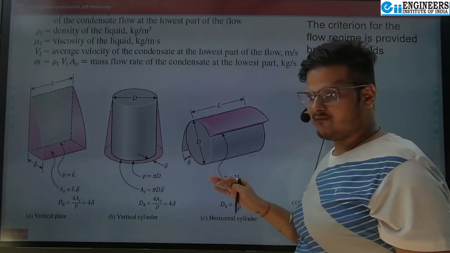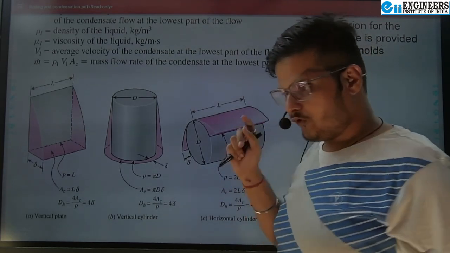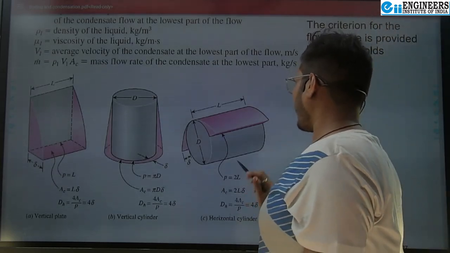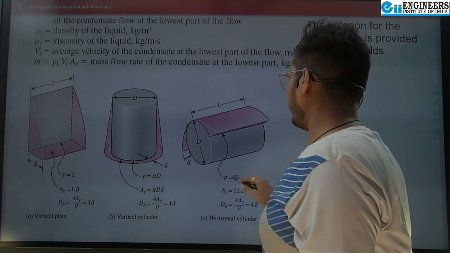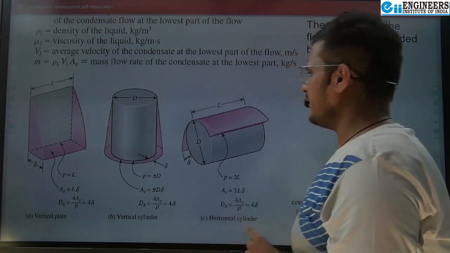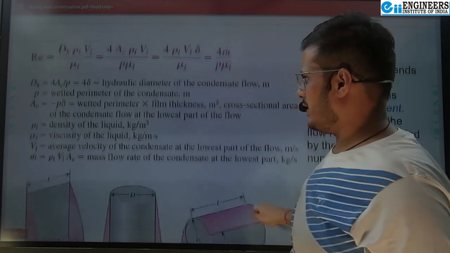If delta is given to you, you take delta directly. If delta is not given, you can calculate the area by the formula 2L delta, or the area that has been given here, and the perimeter equals L, pi D, or 2L.